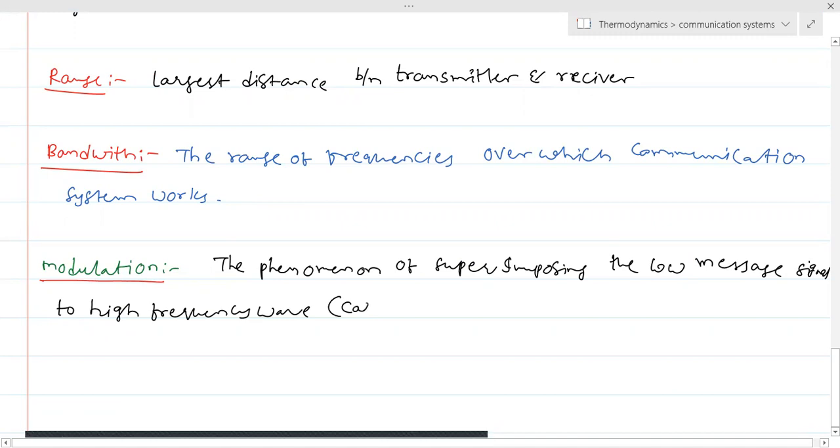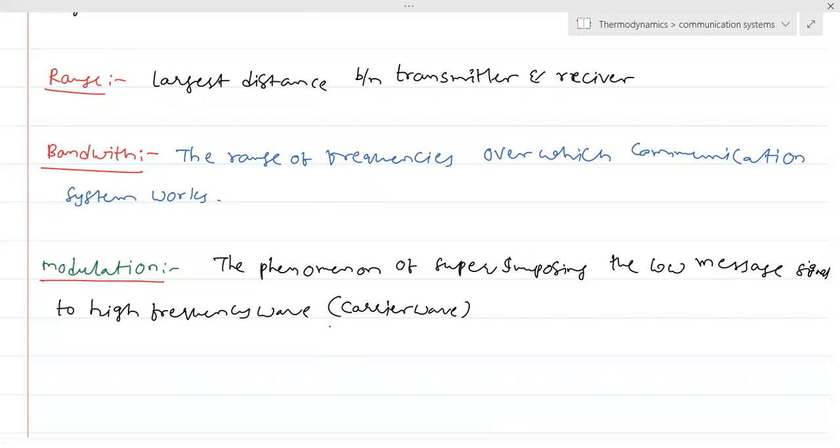That high frequency wave is called the carrier wave. Actually, while we are talking, the transducer will convert it into electrical form. That is still the message. That message is superimposed with a carrier wave.